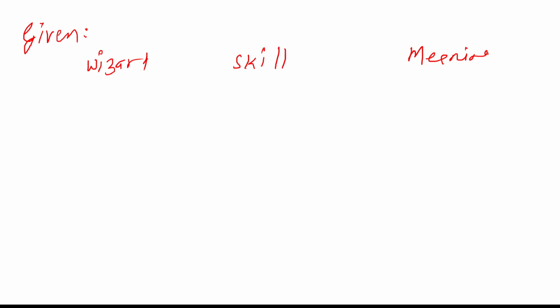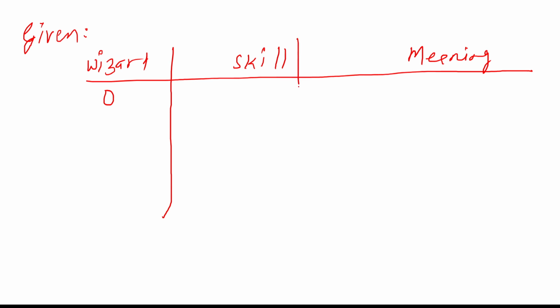Let's try to write what we have been given. Very first, we have wizard and skill, and let's talk about what the meaning is here. If wizard is 0, skill is 1.